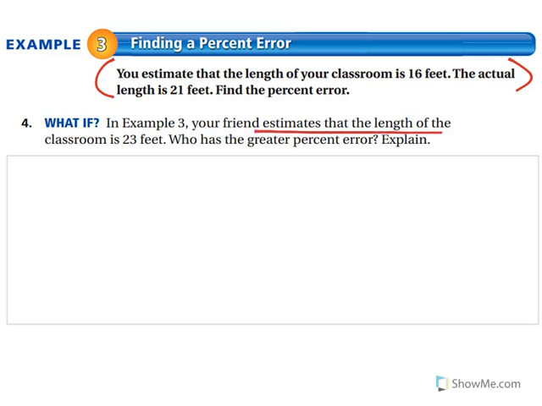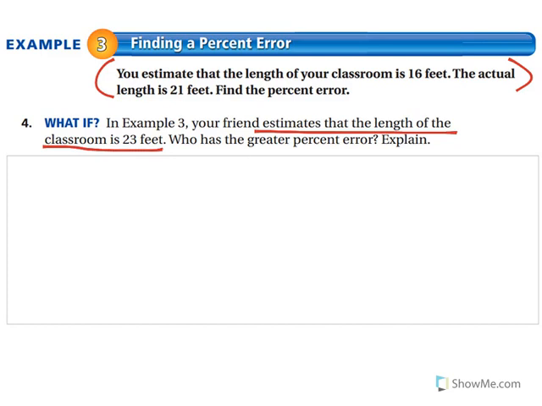So the estimate is that the length is 23 feet. Who has the greater percent of error? Okay, and explain. So think back to example 3, maybe look back at your notes, see what you did, and then go solve this problem and explain, and we'll get back to you in just a moment.